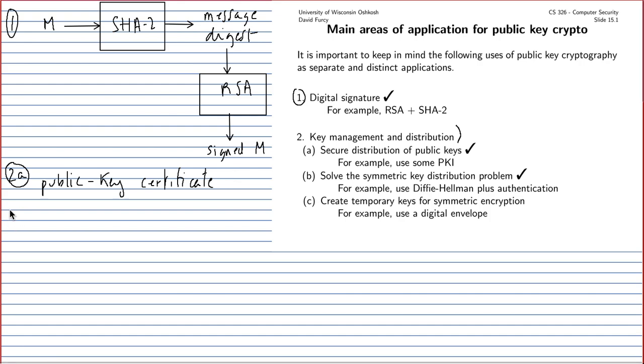The third application of public key crypto that we have discussed before has to do with the problem of securely distributing symmetric keys to be used for symmetric crypto. And the algorithm we discussed in that context was the Diffie-Hellman algorithm.